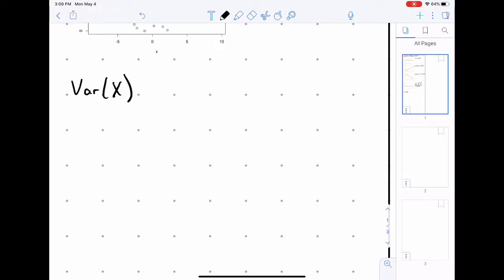And now I'll give the definitions. So recall that the definition for the sample variance, the variance of x, if we have n observations, is 1 over n minus 1 times the sum of (xi minus x bar) squared. So it's the average squared difference from the mean.